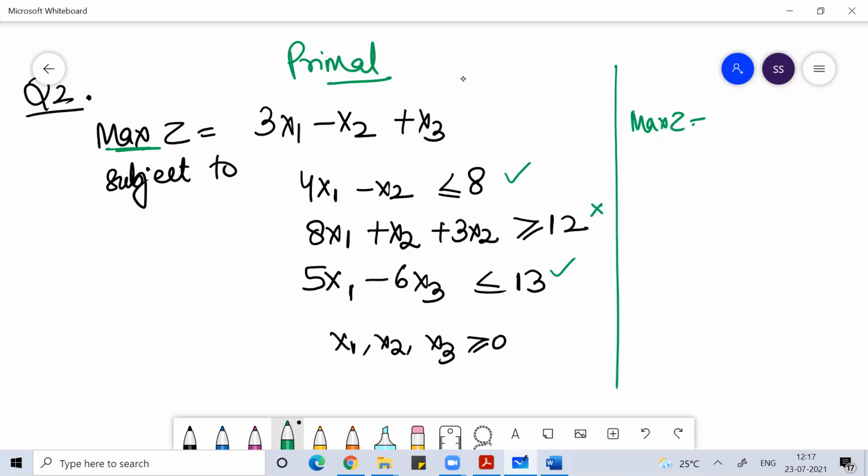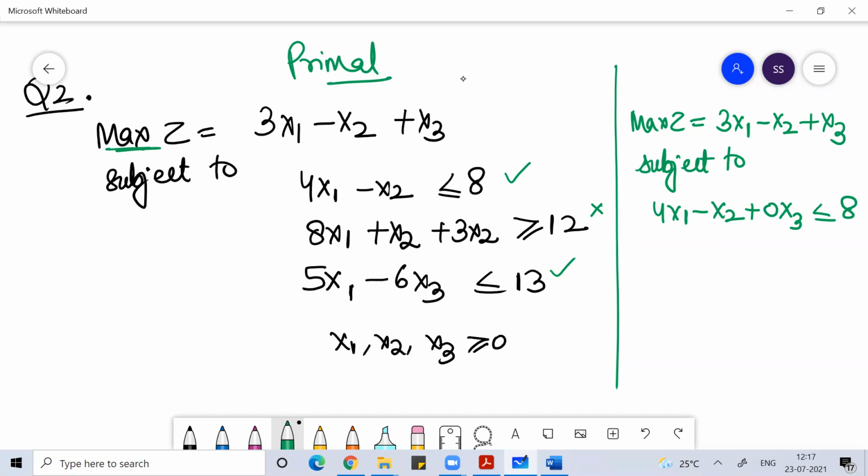So that would be maxima of z is equal to 3x1 minus x2 plus x3, subject to the constraint. This is 4x1 minus x2. You see, guys, three decision variables are there, so I can write this as 0x3, no problem, less than or equal to 8.